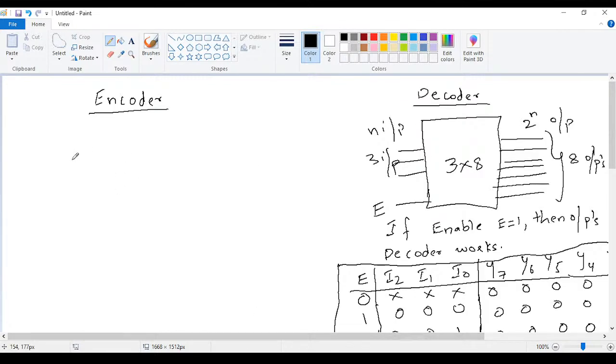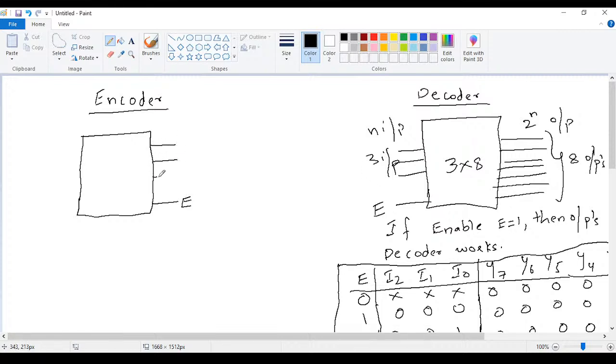The encoder is the reverse of the decoder. We take a simple example. There is a box here, with the enable and 3 outputs.